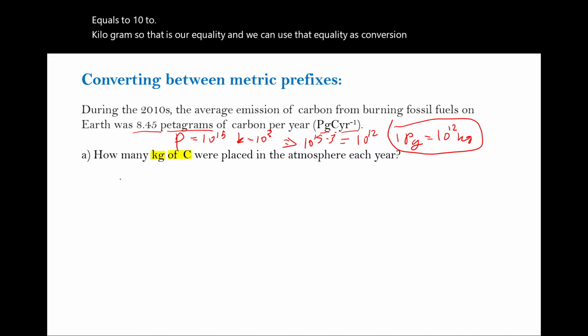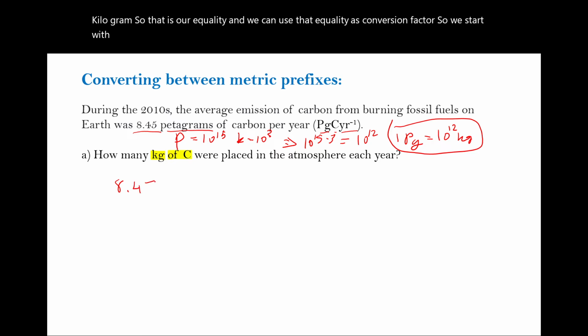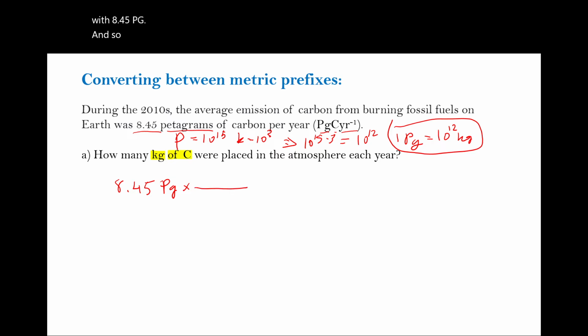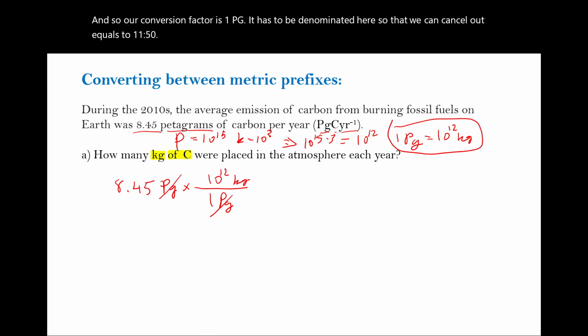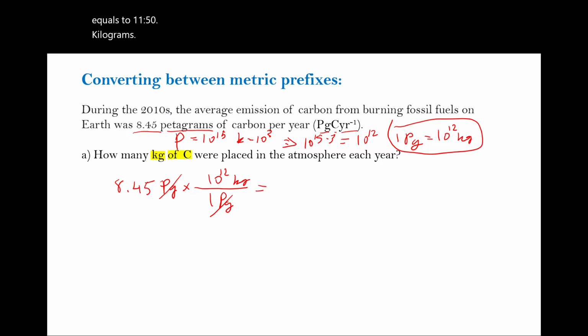So we start with 8.45 Pg, and so our conversion factor is 1 Pg. It has to be in the denominator here so that we can cancel out, equals 10 to the 12 kilograms, and so you come up with 8.45 times 10 to the 12 kilograms.